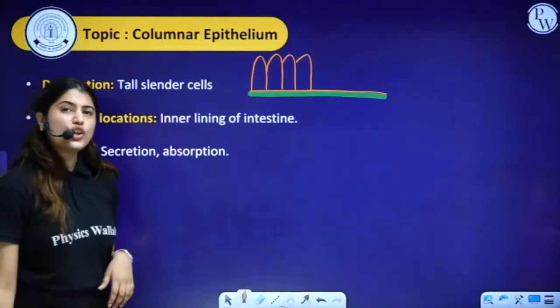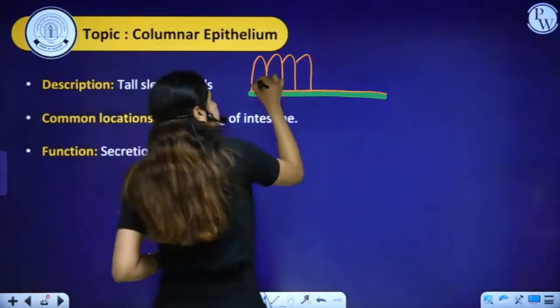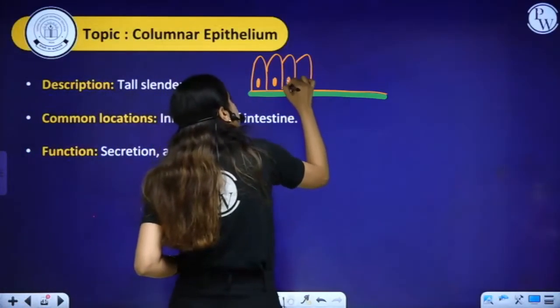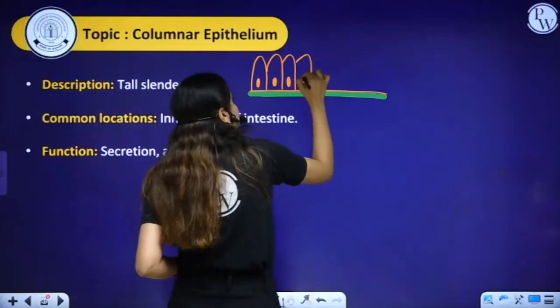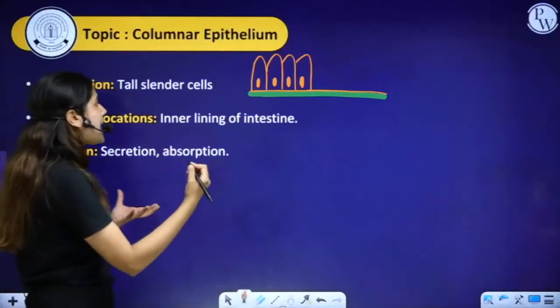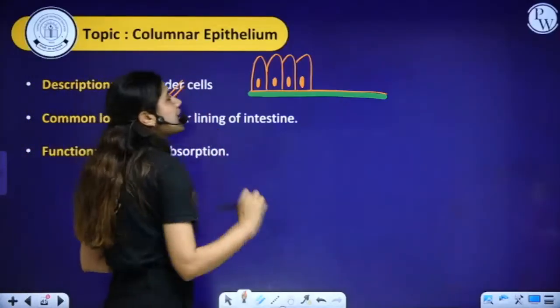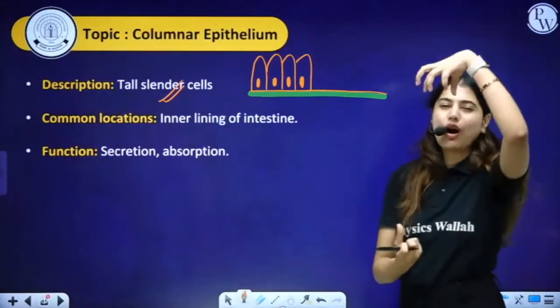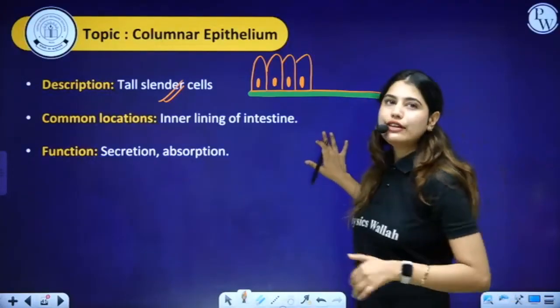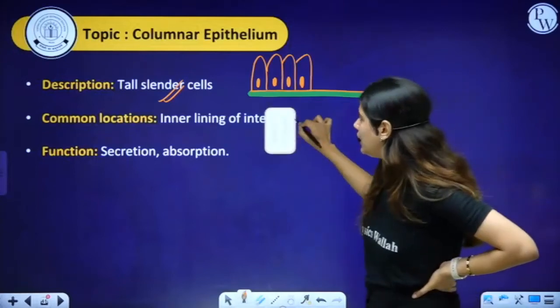We can see their nucleus is somewhat long, and at the base of the cell we can find the nucleus, right? The cells are tall, slender, elongated, pillar-like cells. Where will it be present? It will be present in the inner lining of the intestine.